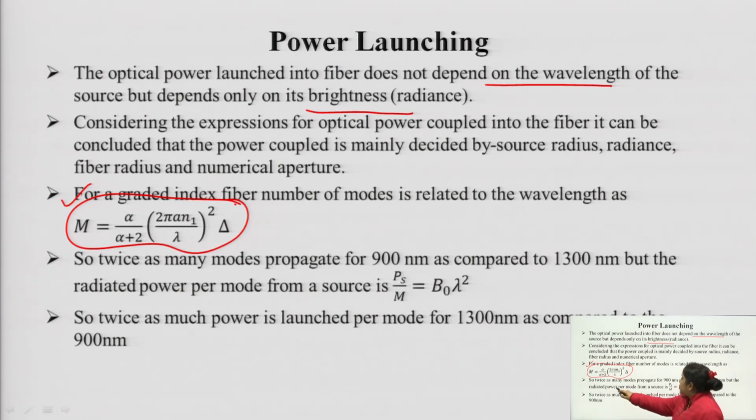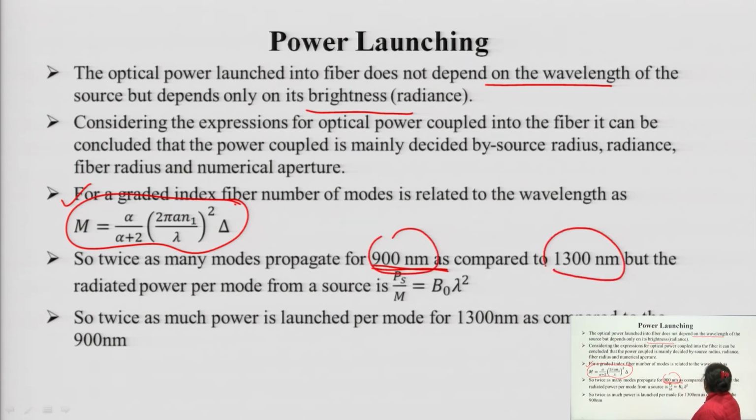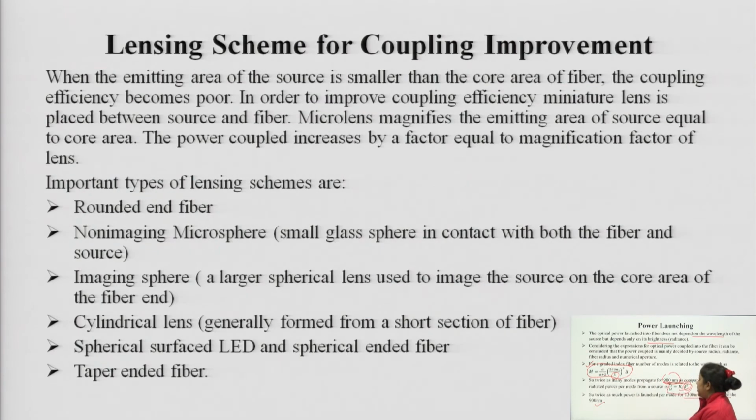So, twice as many modes propagate for 900 nanometer as compared to 1300 nanometer, because there is an inverse relationship between wavelength and the number of modes. And since the power per mode Ps by M should be equal to B0 lambda square, that means it is directly proportional to lambda square. In that case, power launched per mode for 1300 nanometer is twice as compared to 900 nanometer.